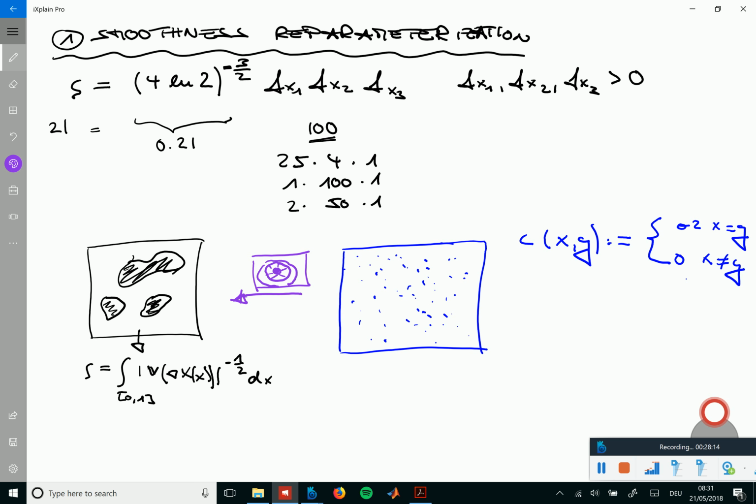You put the Gaussian kernel here, sum up all the things according to the weights given by the Gaussian, and then you move the kernel one step further so that you smooth the field.